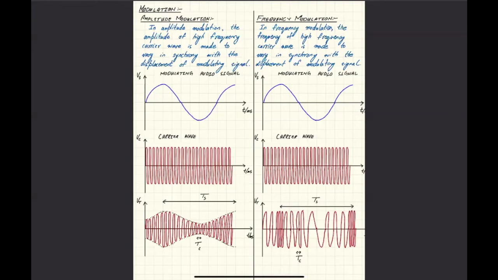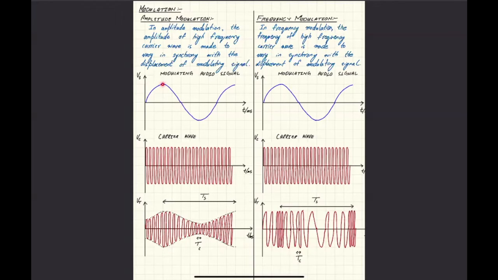How are you sending your information on the carrier wave that you choose yourself? In the case of amplitude modulation, we put the information in the amplitude of the carrier wave. So in amplitude modulation, the amplitude of the carrier wave varies in synchrony with the audio signal.